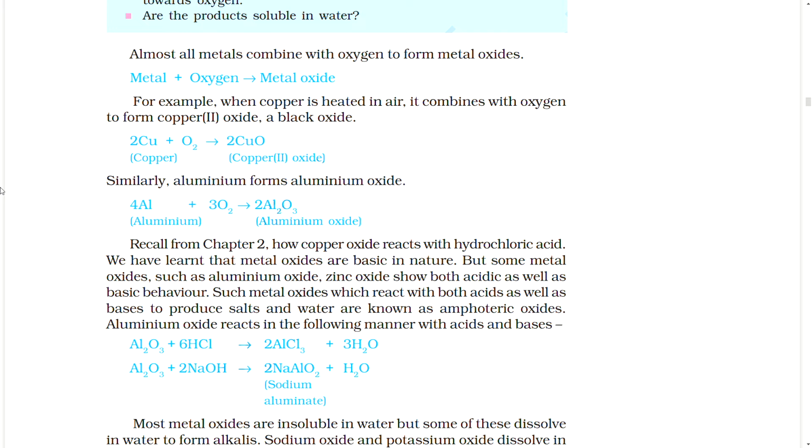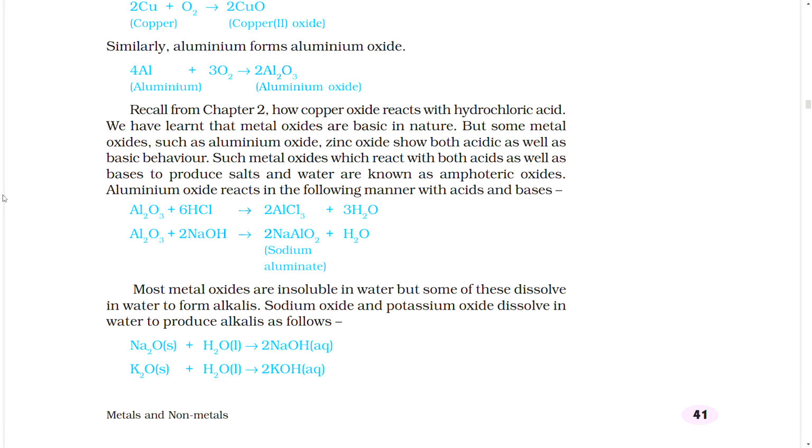Aluminium oxide reacts in the following manner with acids and bases. Al2O3 + 6HCl → 2AlCl3 + 3H2O. Al2O3 + 2NaOH → 2NaAlO2 (sodium aluminate) + H2O.